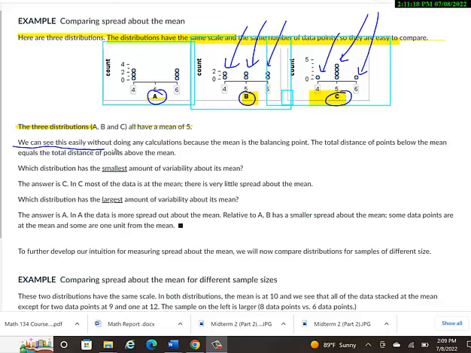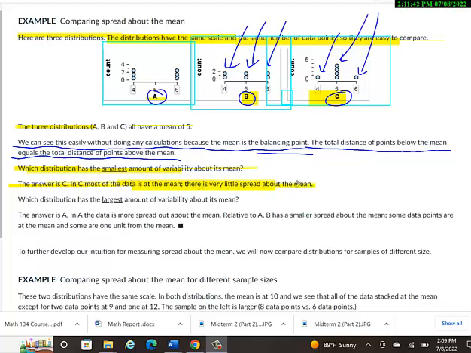We can see this easily without doing any calculations because the mean is the balancing point. The total distance of points below the mean equals the total distance of points above the mean. Which distribution has the smallest amount of variability about its mean? The answer is C, which we probably thought when we saw it. In C, most of the data is at the mean.